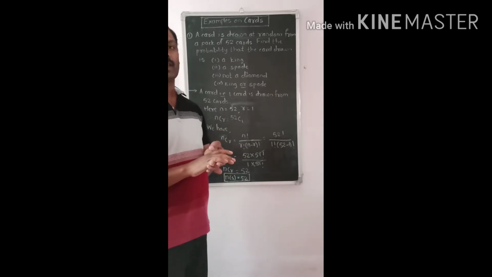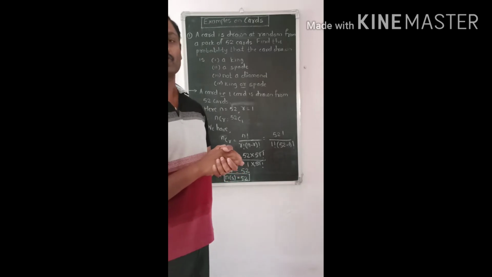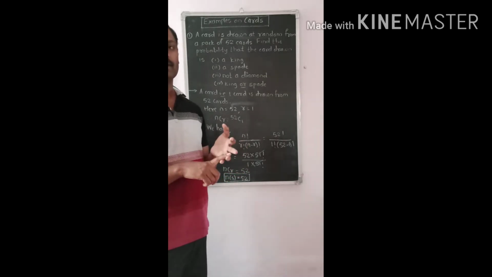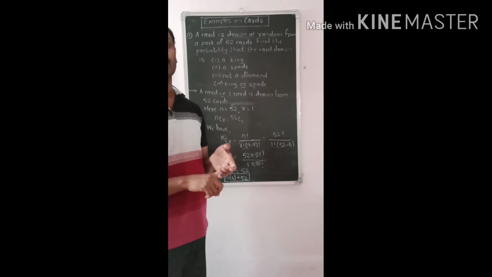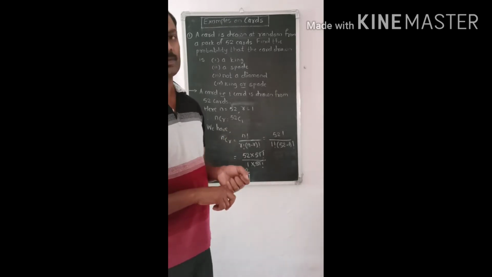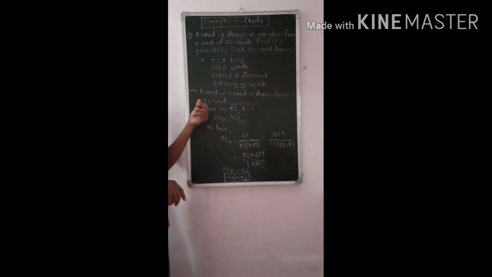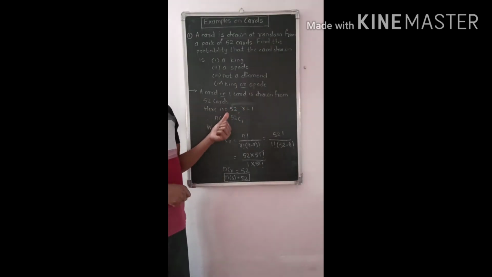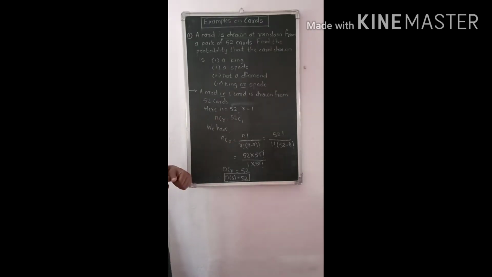So these are the four suits. Which are the four suits? Diamond, heart, spade and club. These are 4 suits. Okay, so a card is drawn from a pack of 52 cards. It is our experiment. A card means there is only one card to be drawn from the pack of 52 cards.